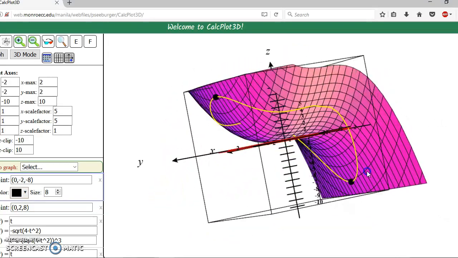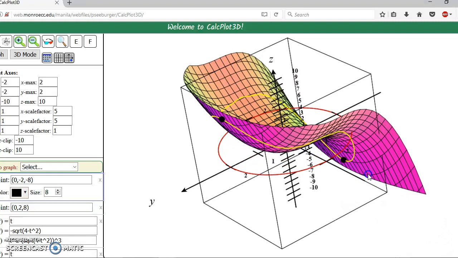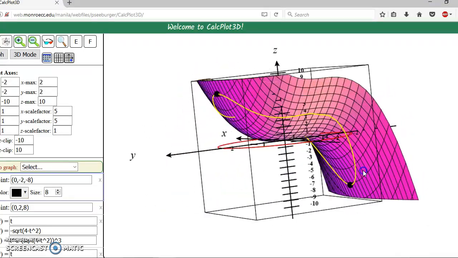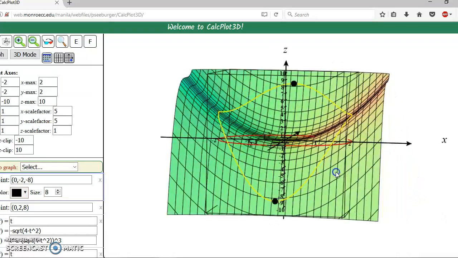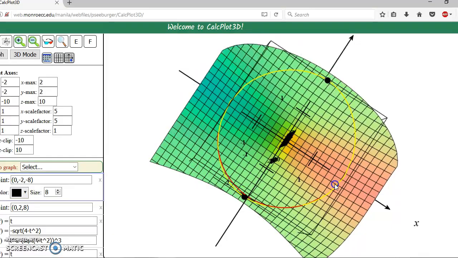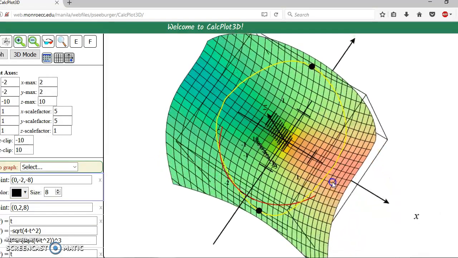It's the surface. You'll see a red circle on the graph. That is the graph of x squared plus y squared equals 4. So it's down on the xy plane. And then there's a yellow curve, which is the graph of the circle as it intersects with the surface.